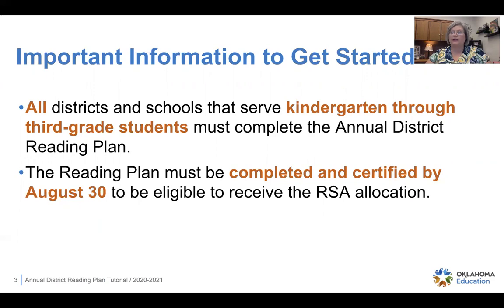And in that update, there is a stipulation that the reading plan must be completed and certified by the due date, which is August 30th, as well as the beginning of year report completed and certified by that due date, which is October 1st, in order for a district to be eligible to receive RSA funding. This change was made in an effort to make sure that districts who have consistently been on time with their report are able to receive their funding in a timely manner.